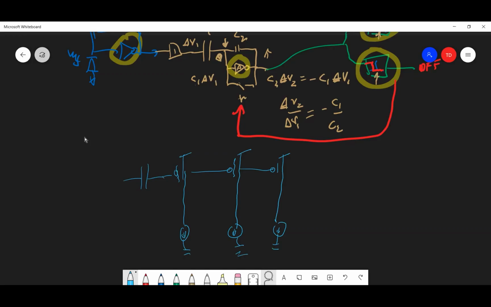And where's the feedback capacitor? There's a feedback capacitor here. And then there's a switch, which is a P FET, a little minimum size P FET. Let me draw it like this. That's C1, C2.